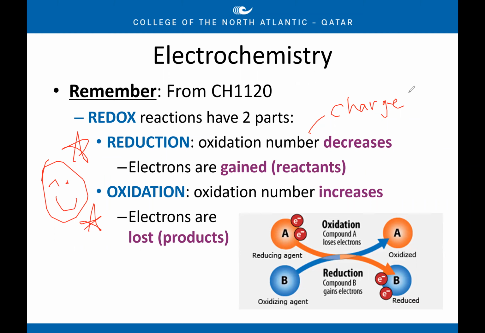Well, the name comes from the fact that your charge, the oxidation number, goes down, it decreases. Oxidation is when a chemical has its oxidation number increased, and that means electrons are lost. So your charge would go up.